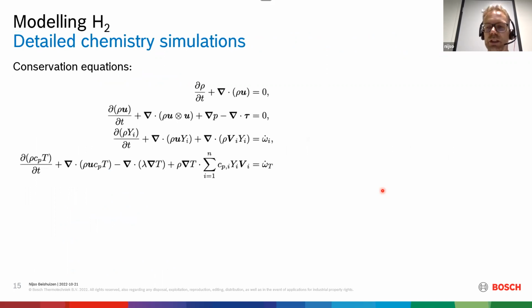So which equations do we need to solve when we have chemical reactions? So next to the Navier-Stokes equations, we need to solve a large number of transport equations. They contain this source term that depends on the mass fractions of all the other species, the species i reacts with.